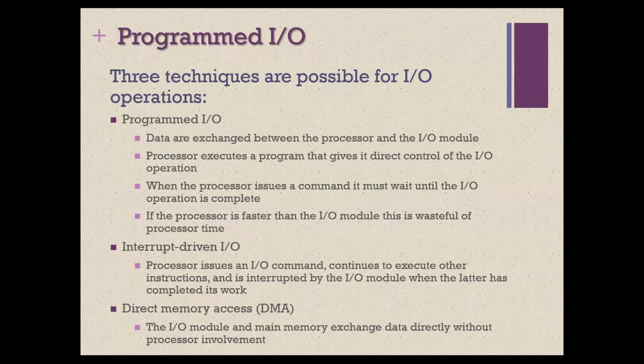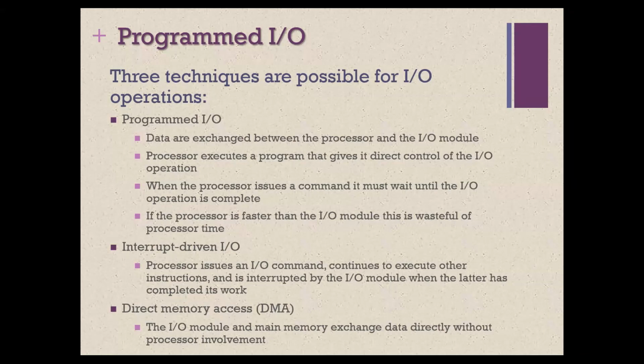With interrupt-driven I/O, the processor issues an I/O command, and then it continues to execute other instructions and is interrupted by the I/O module when the latter has completed its work. With both programmed and interrupt I/O, the processor is responsible for extracting data from the main memory for output and storing data in the main memory for input operations.